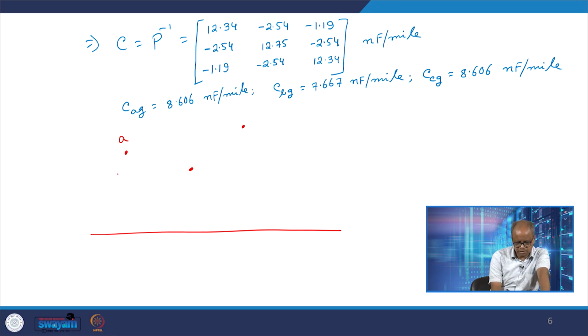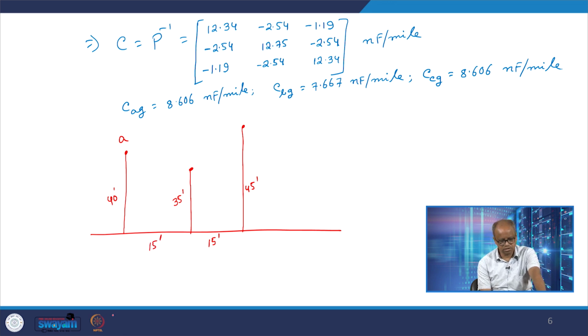Let us say that phase A is at some distance, say 40, this distance is say 35, and this distance is 45, and this distance I know is say 15, and this distance I know is say 15.